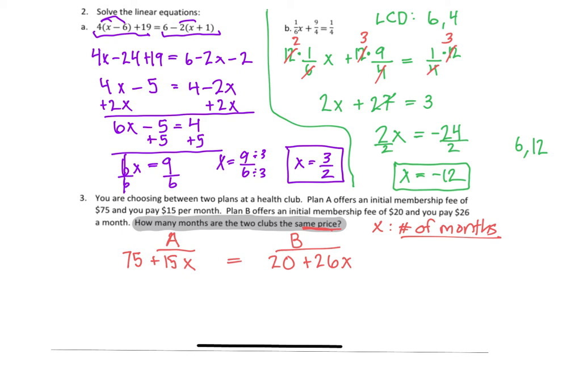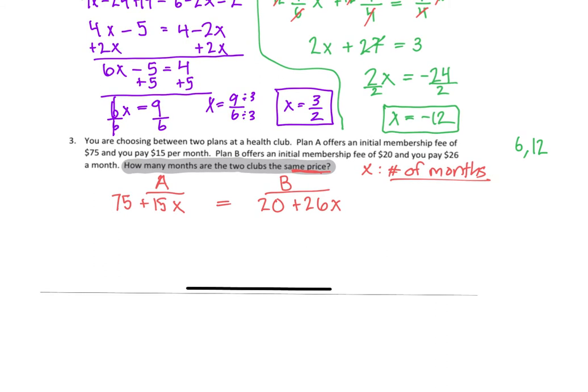So we have here 75 plus 15x equals 20 plus 26x. I'm going to subtract the 20.